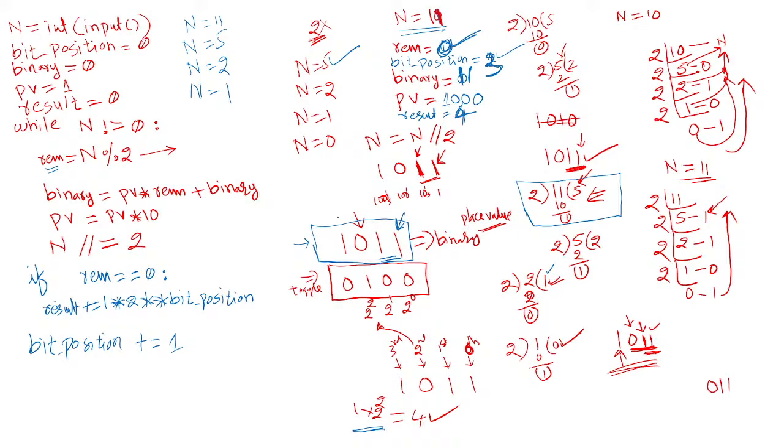That means this is bit position 3, the third bit we are trying to generate here. So again you go up to the loop, then check the condition 1 not equals to 0. Yes, remainder. Now this division we are doing. What is the remainder? You get 1 here. So remainder 1. So place value into remainder. Place value is 1000. 1000 plus 1. Remainder value is 1 this time.